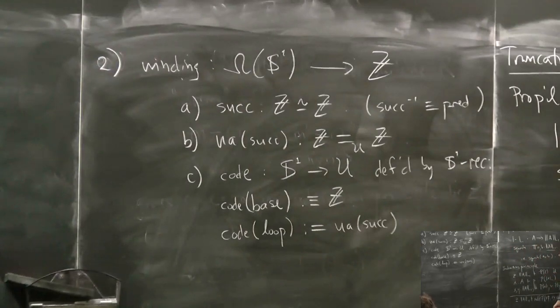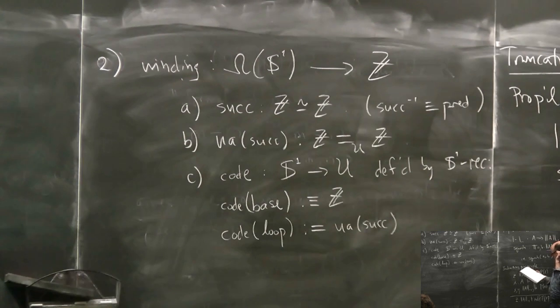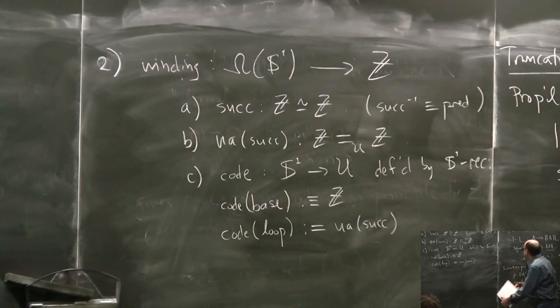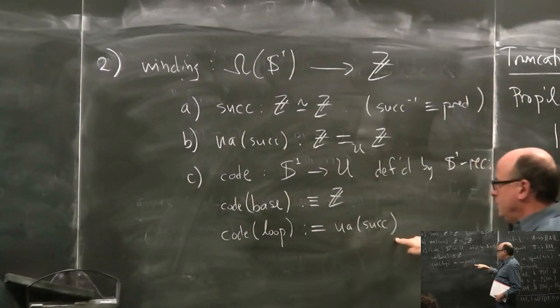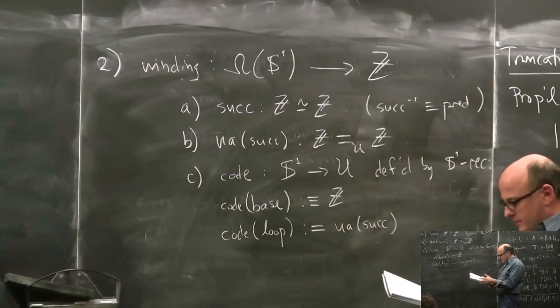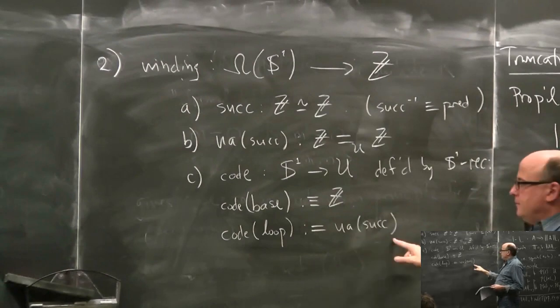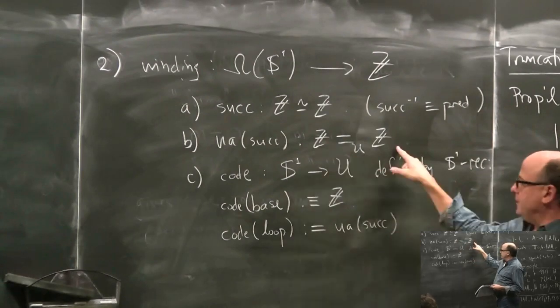Okay? Yes? There's a small gap between the dependent path over a constant family and the regular path. Say that again, please. The right-hand side gives you a regular path. Yes.